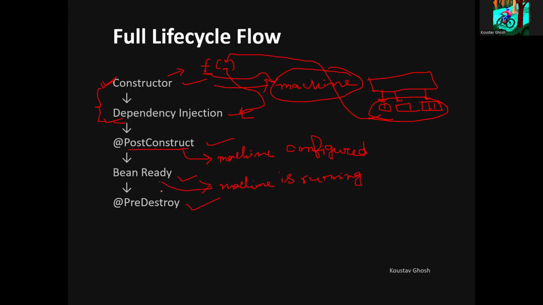And after that we switch off our car or any machine, or switch off our computer. At that point of time we use the PreDestroy annotation. So the machine is shut down. In that way we can compare with real life scenarios.